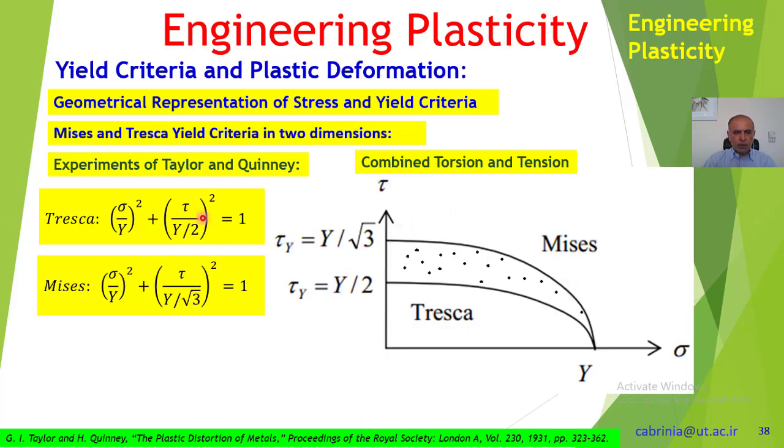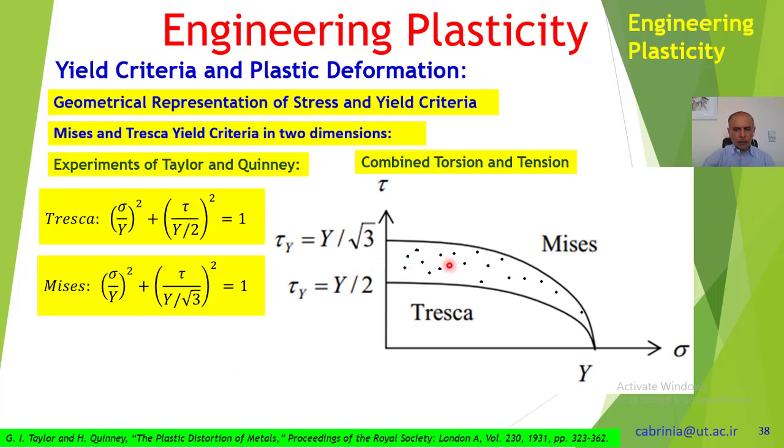Okay, the Tresca criteria and the Mises criteria, these values are a bit different, that's why we get these two shapes like that. And that's what we get. You see, this is the theoretical value which we obtained before. Tresca also we get this, and then these points are those experiments that I said we carried out.